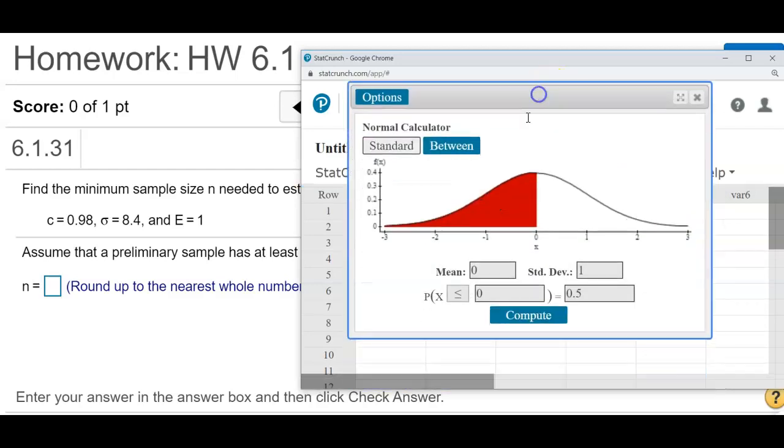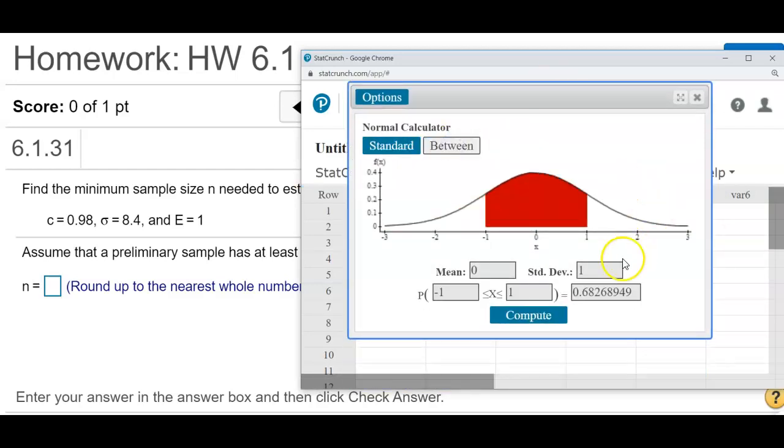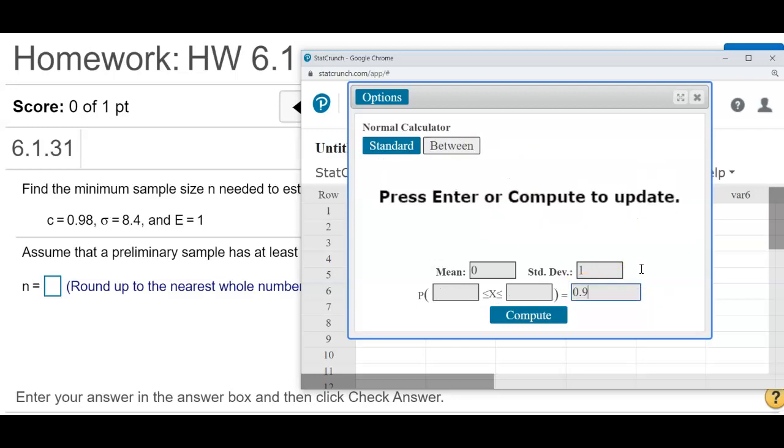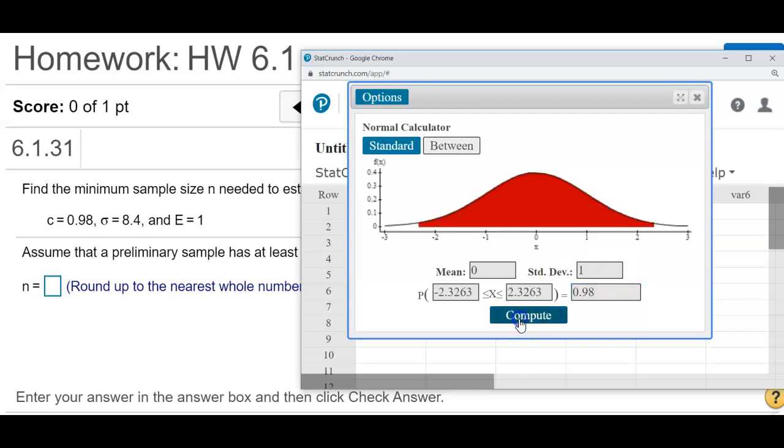Remember, to find critical values, you click in between. You're 98% confident, so the area under the curve is 98, and I compute. So my critical value here, ZC, is 2.3263. So I'm going to go use those values.